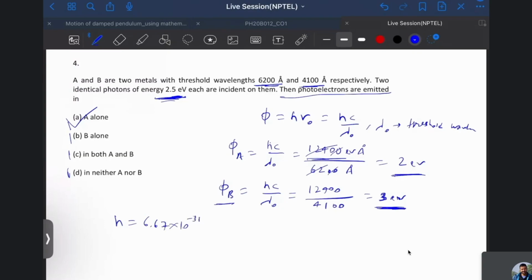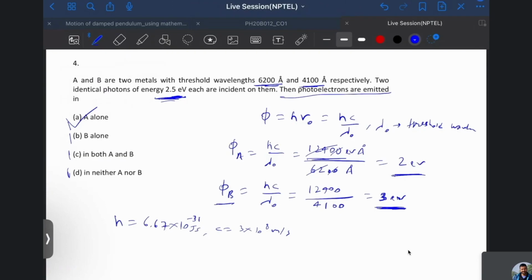Minus 31 or, whatever. And c is 3 into 10 to the power 8, correct? It's in meter per second, and h is in joule second, right? Wait, it is c by lambda. Joule second.